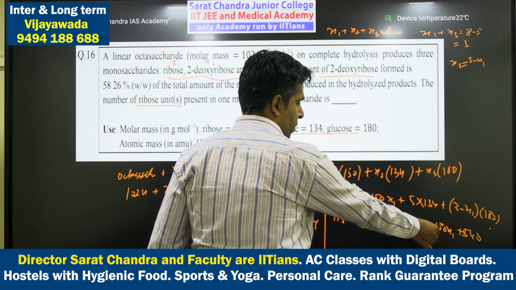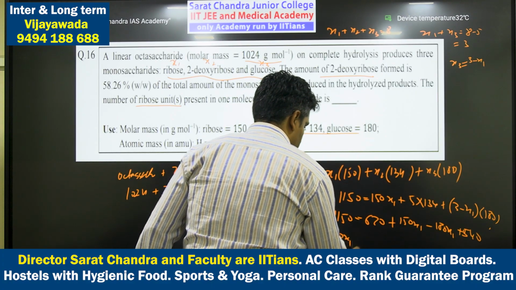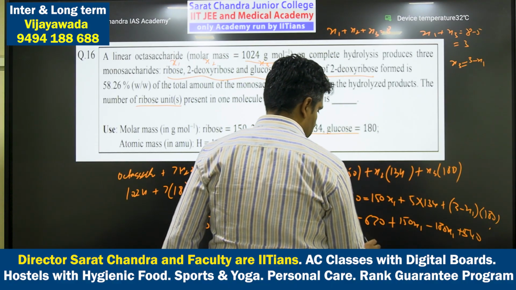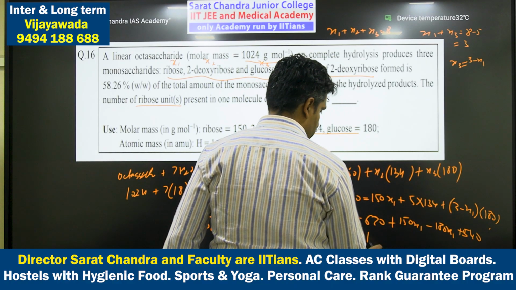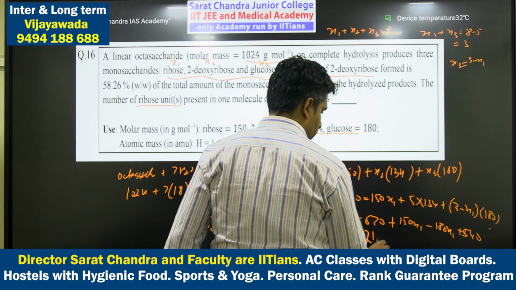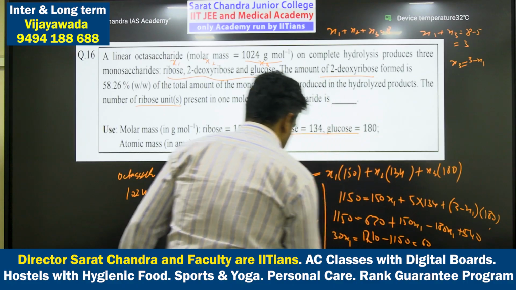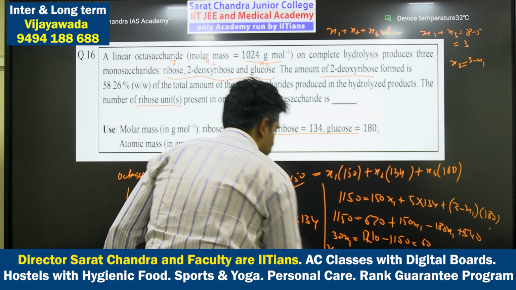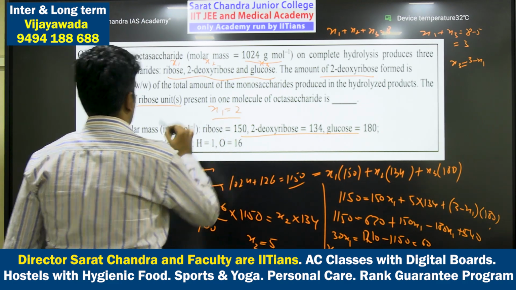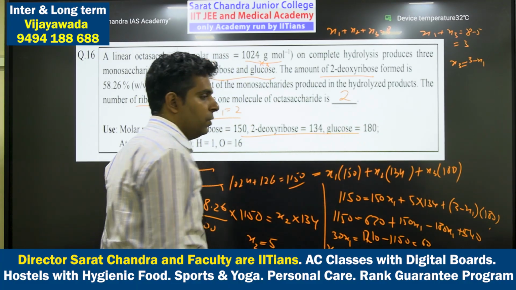So 180 X1 minus 150 X1 is 30 X1, taking it over here: 30 X1 will come out to be 670 plus 540, that is 1210. 1210 minus 1150 is 60. So X1 from here comes out to be 2. That is the number of ribose units in one molecule of the octasaccharide. So the answer is 2 for this question.